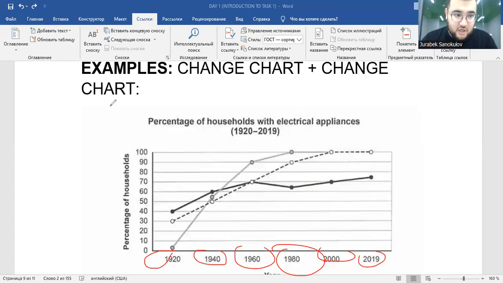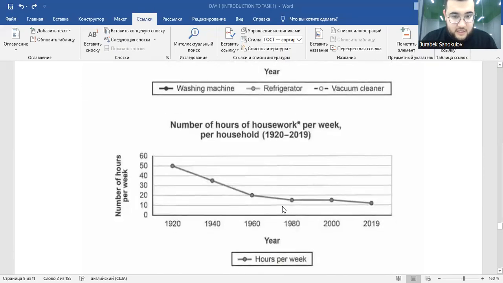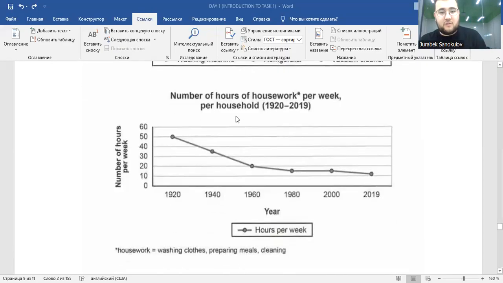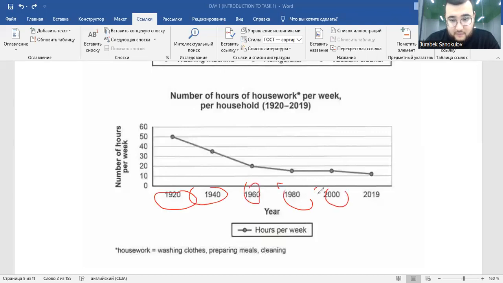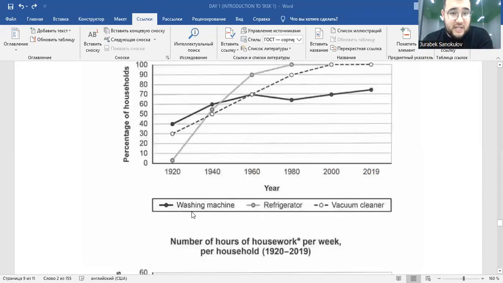And the second chart as well is a chain chart here: the number of hours of housework per week per household. It's a chain chart because you see again several different years, right? So we have two charts, both of which are chain charts. So it's a mixed chart. Let's just say mixed chain chart.